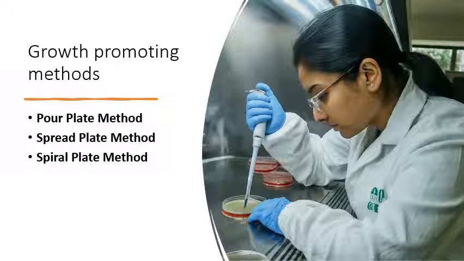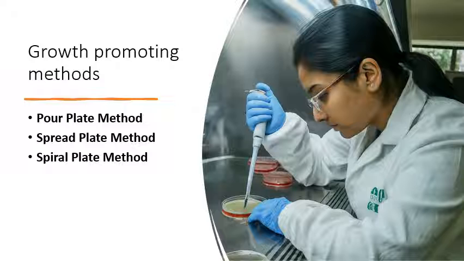Different microorganisms have different growth conditions, such as temperature, oxygen content, and so on. So after 24 hours to 48 hours, depending on the type of organism and the growth condition, the colonies can be seen, visible, and will be counted on the surface of the agar.